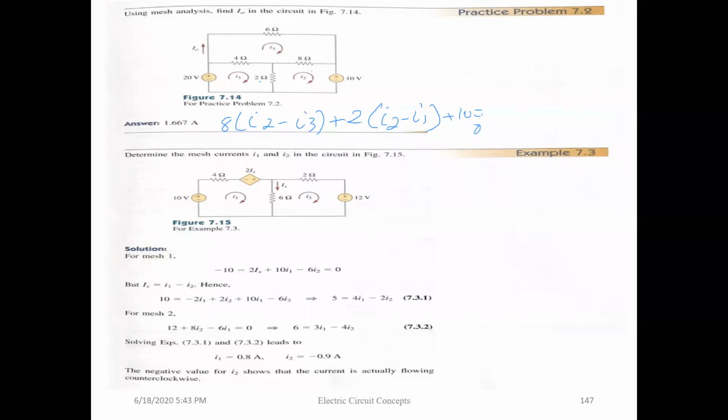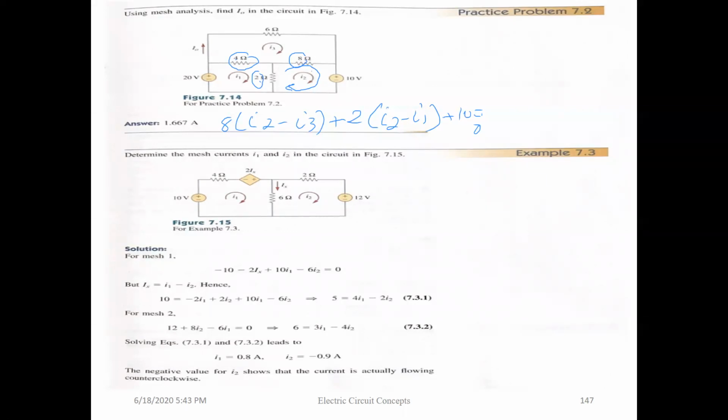Now you might ask why we don't use the 4. Well, 4 is not common, so I2 doesn't flow through the 4. Only the current I2 flows through the 2 ohm resistor and the 8. Same thing when we apply KVL around loop number 1, I did not include the 8 because I1 is not flowing through the 8 ohm resistor.